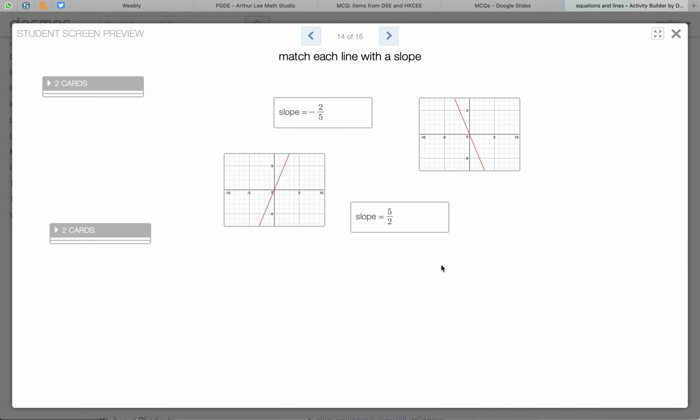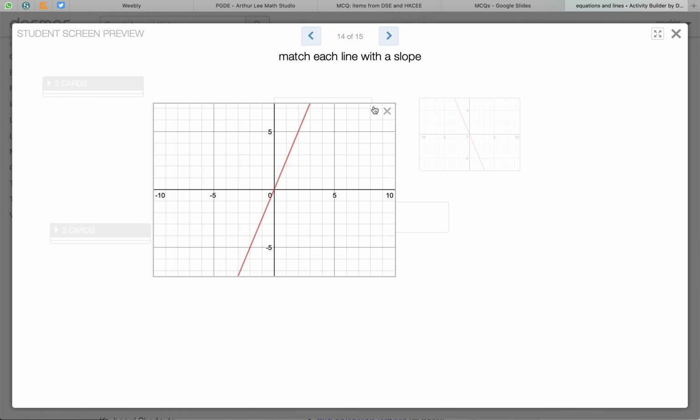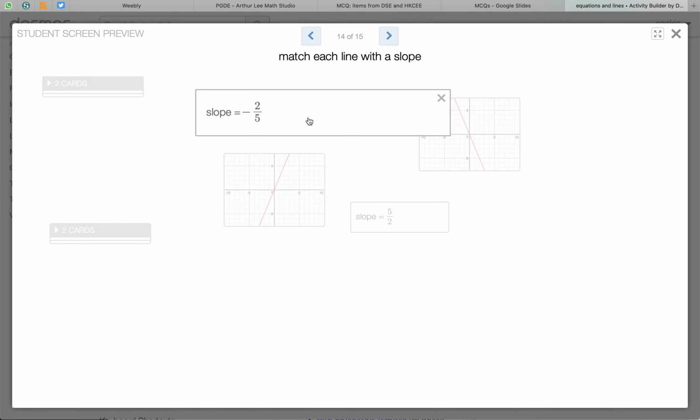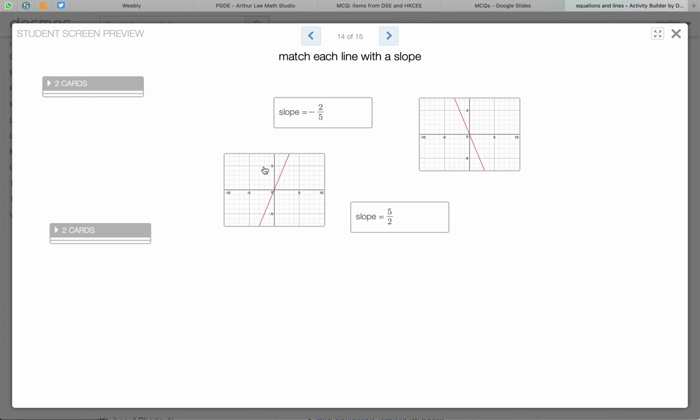So they can be easily manipulated on an iPad or the computer. You can enlarge it to see the details. So these are the cards that you can make so that you can ask the student to match them.